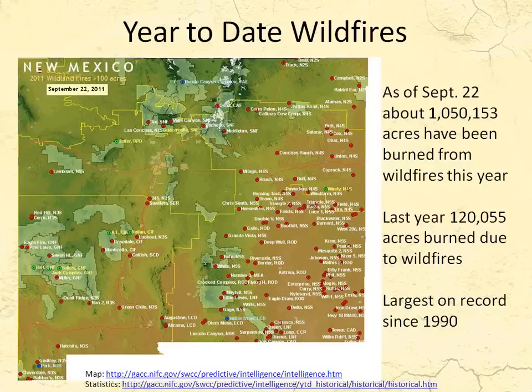And just a taste of one of the topics we may discuss is wildfires. This was a graphic that I pulled off of the NIFC website. It's very interesting to note that there have been over 1 million acres burned on wildfires. Last year there was just 120,000, so right now we're at the largest on record since 1990.